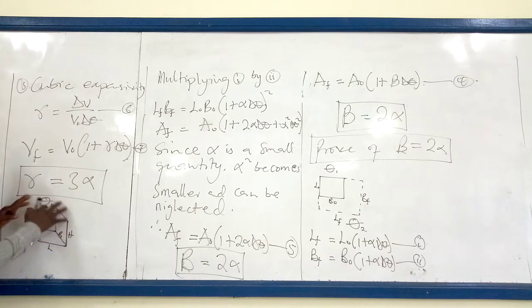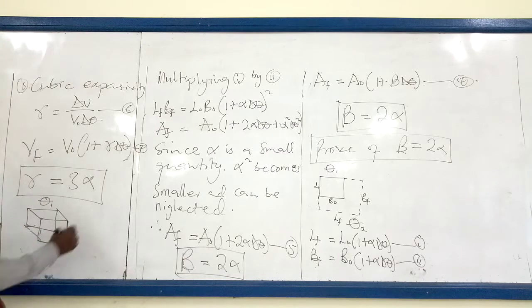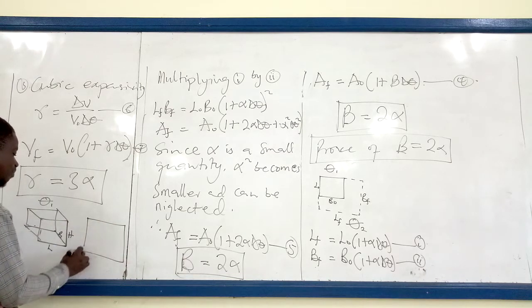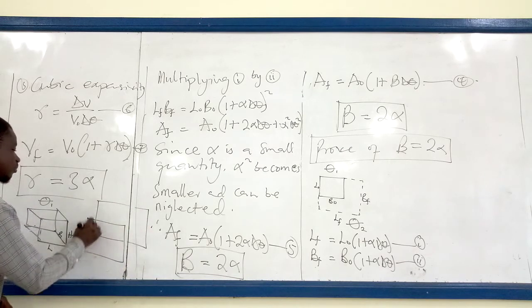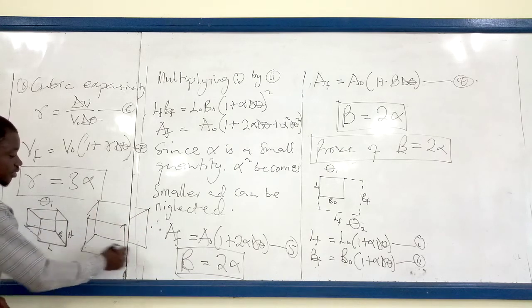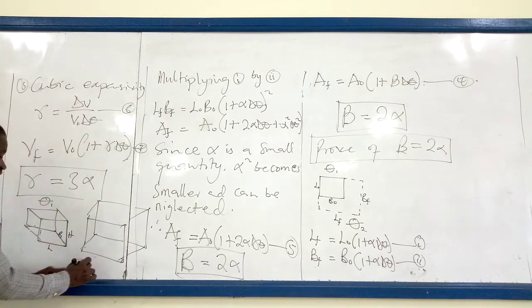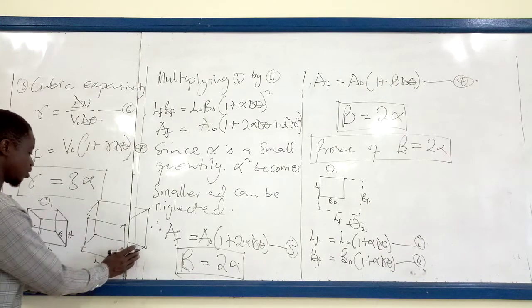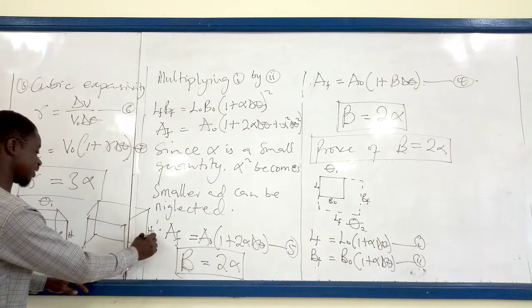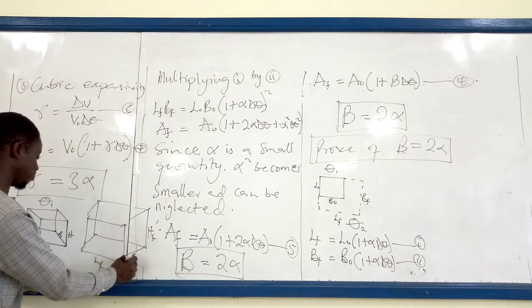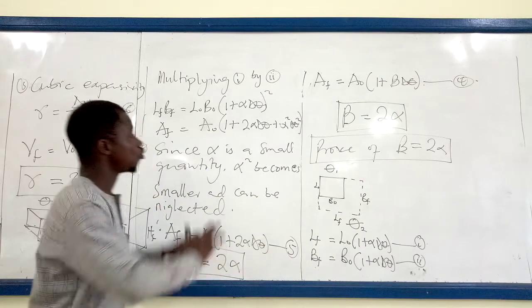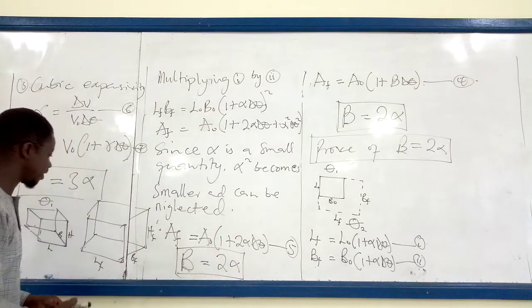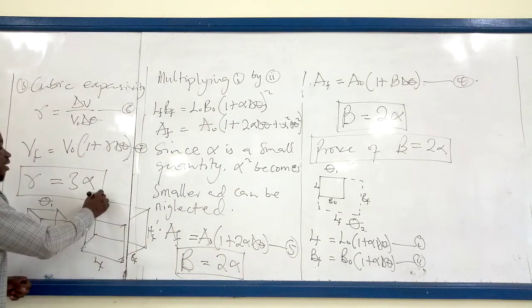When you heat this box, it will expand to give you a bigger box than this, so that now you have LF, HF, and BF. You relate this one with this using the same principle I have done here. Go through the same process, and then finally you arrive at this answer.